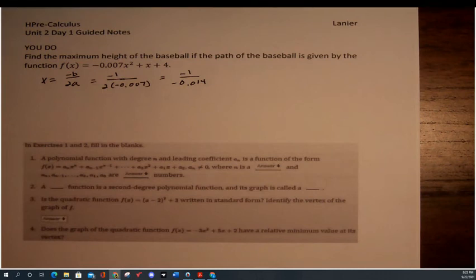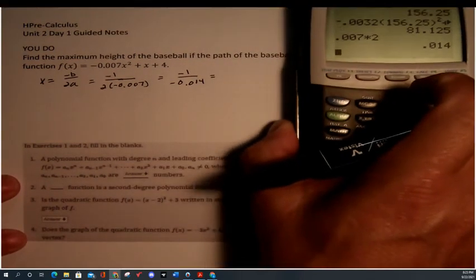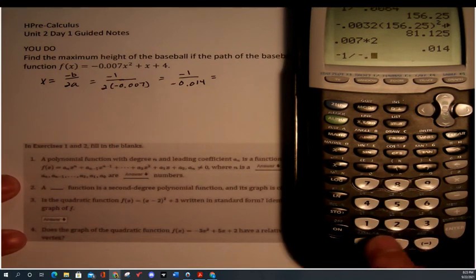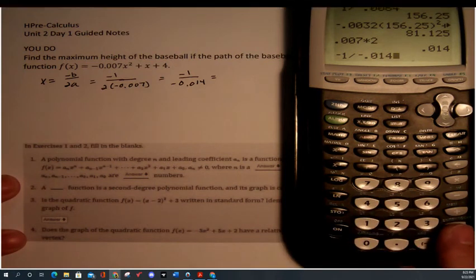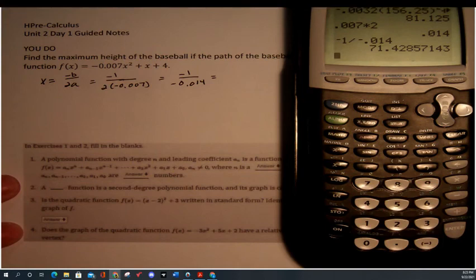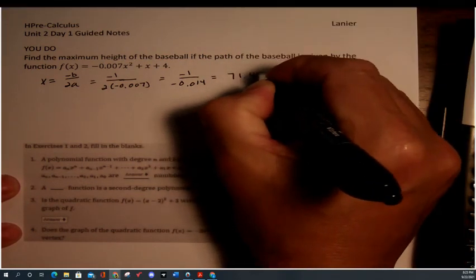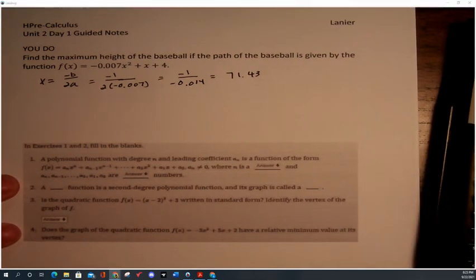I hate decimals, so let me just double check that. Yeah, okay. Let's go ahead and divide that out. And I get 71 point, let's round that to 71.43. Okay, so that's my x value.